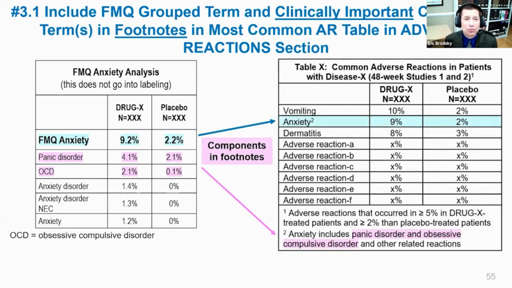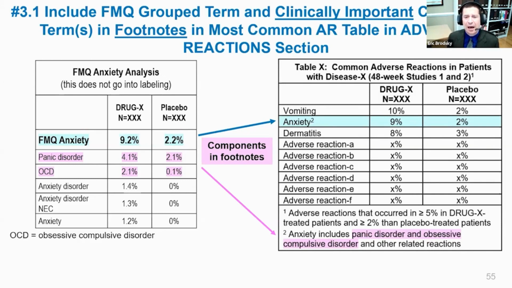So again, the group term here, this is signal 9% versus 2%. It's included within the body of the common adverse reaction table. These important terms that are not near synonyms, panic disorder and obsessive compulsive disorder, approach number 1, 3.1, are included in the footnotes. Note that for this fictitious example, I'm trying to demonstrate a very lengthy adverse reaction table.